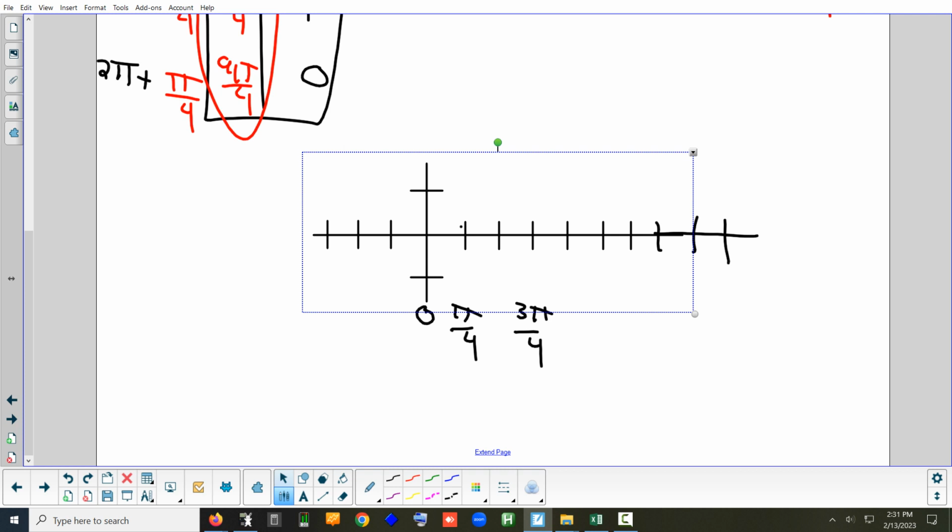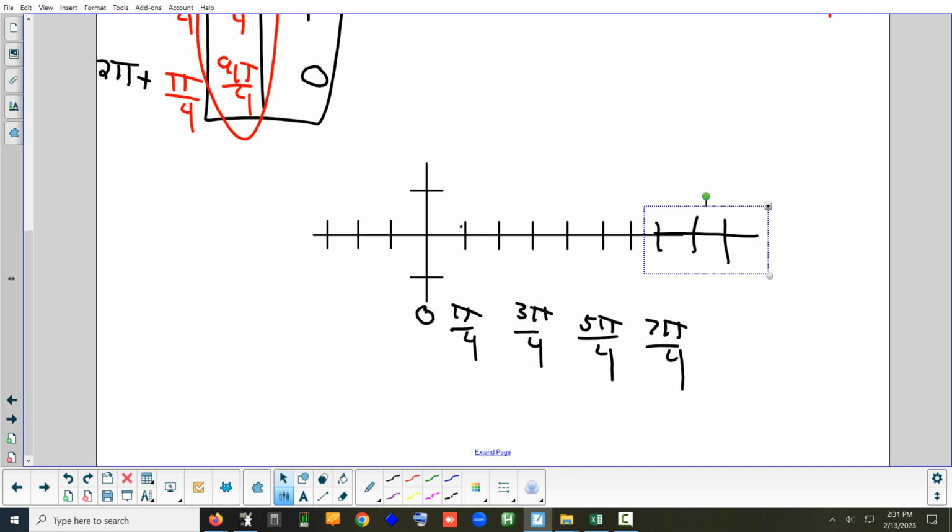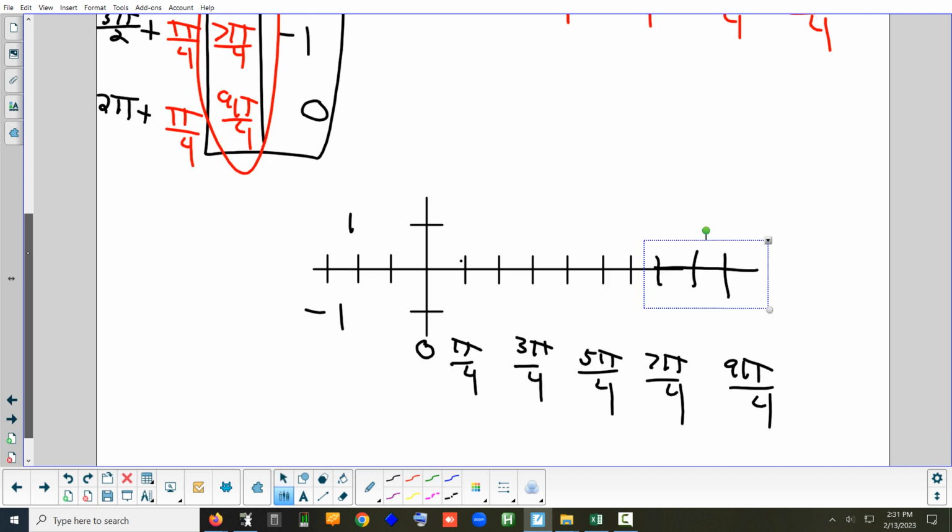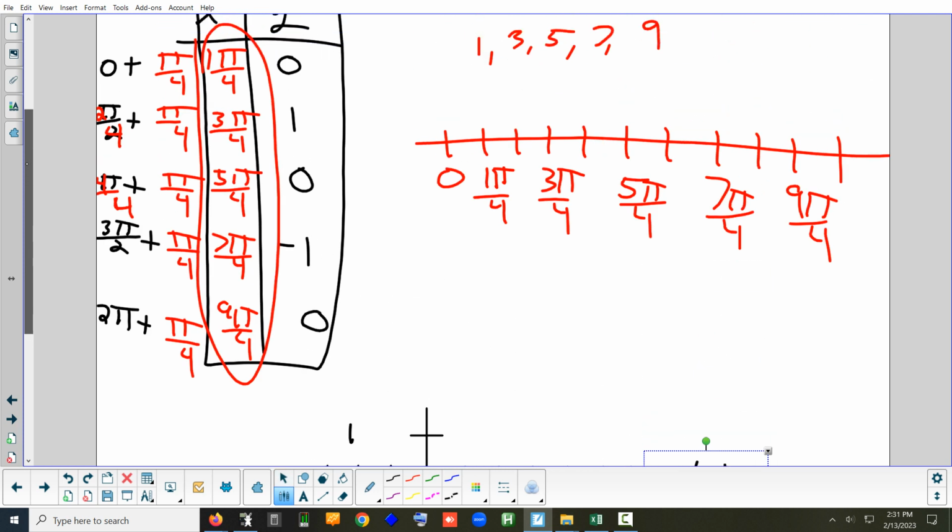You're skipping 4. You're going to 5. Skip 6. We're going to 7. Skip 8. We're going to 9. It's the only thing that's a little tricky about that one, setting up your labels. These stay the same. And now from here it's easy.